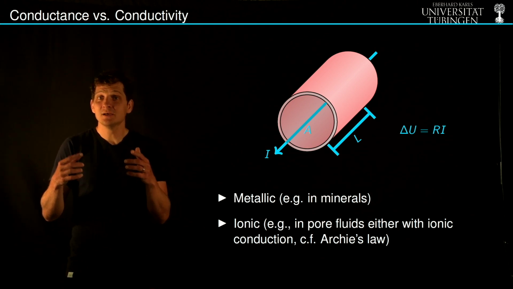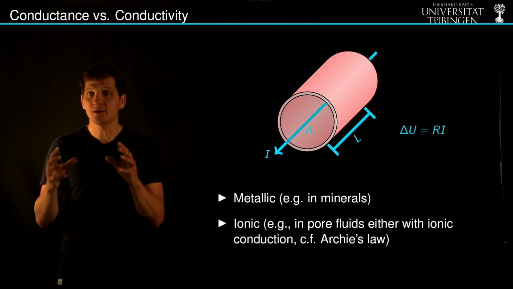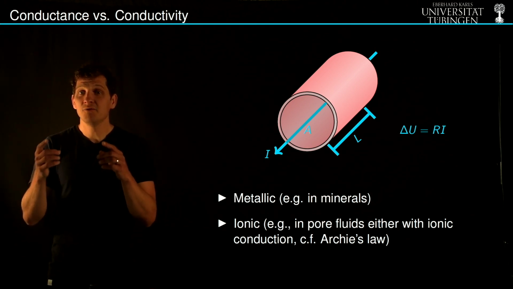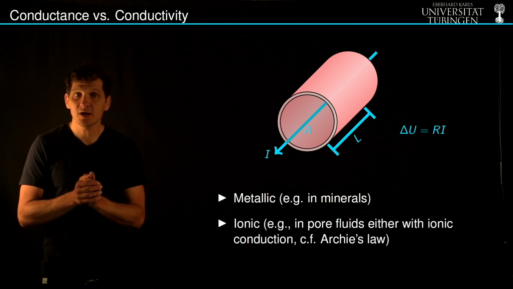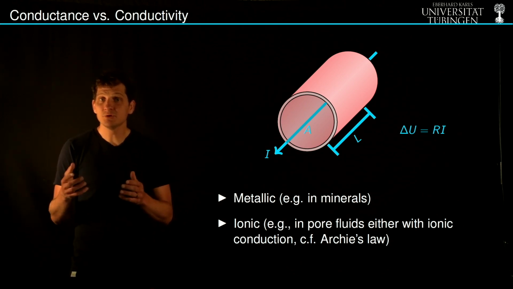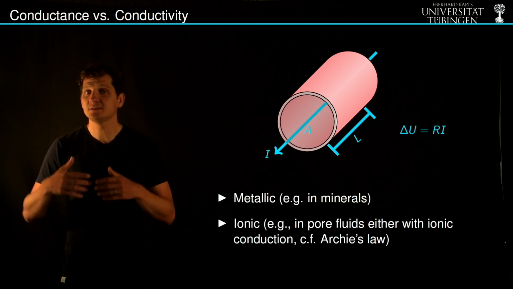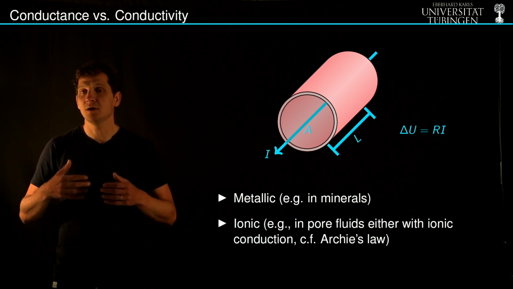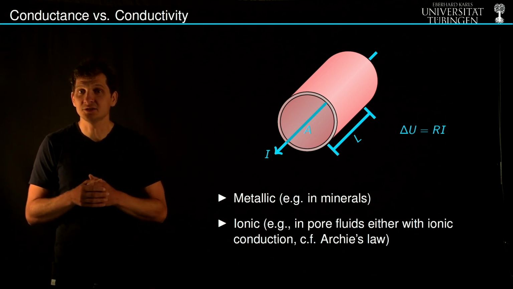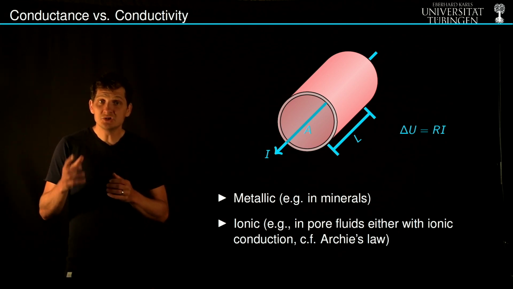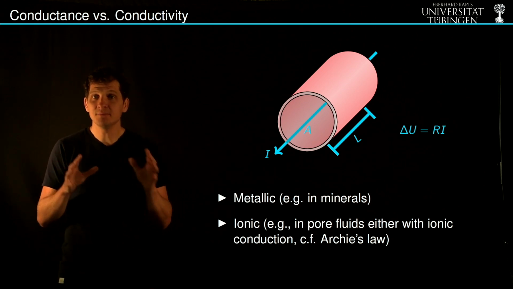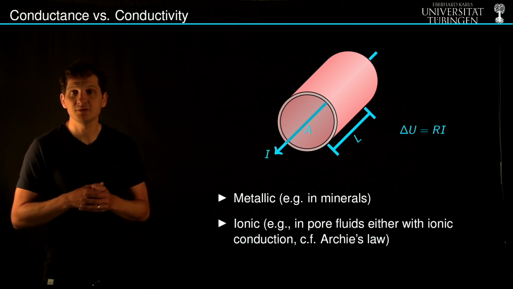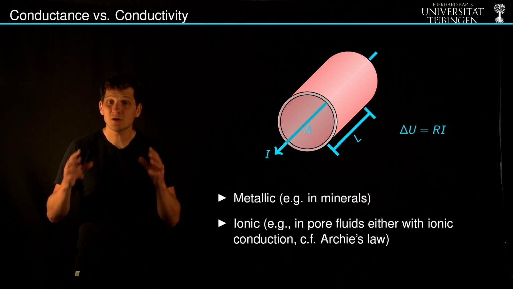But in our case, more important is the ionic conduction, which means that, for example, dissolved ions in liquids are responsible for the charge transport. And this would be a dominant process, for instance, in a saturated aquifer or also in unsaturated soils. In general, the ways currents are conducted in materials that are relevant for geo and environmental sciences can be quite complicated.